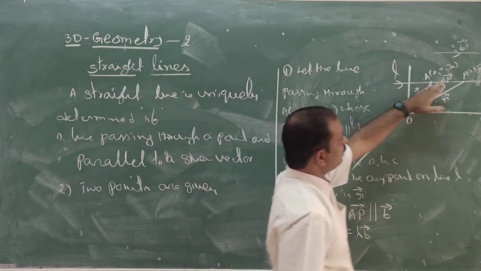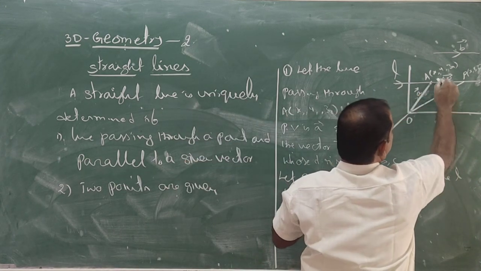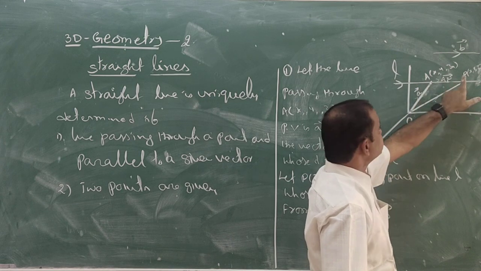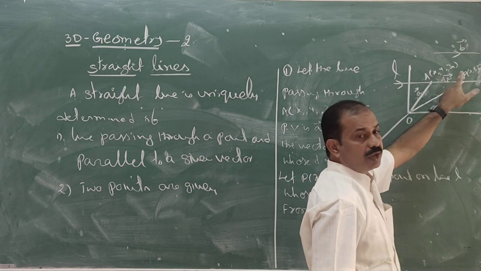What is AP? AP is nothing but R minus A, that is OP minus OA.